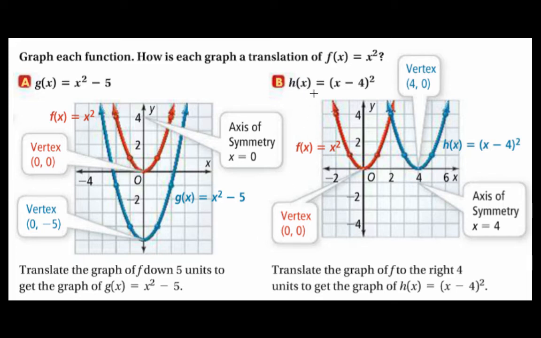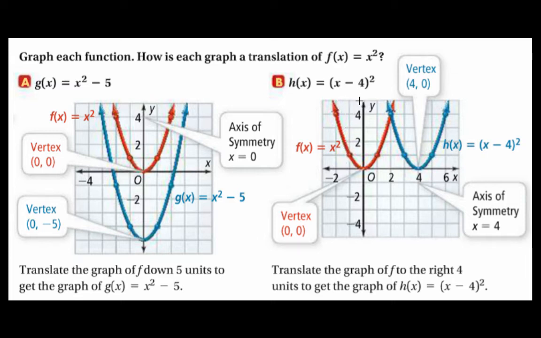All right, in B, h of x equals the quantity x minus 4 squared. Well, we know that if I add or subtract a value within the function itself involving x, then that's going to be a horizontal translation of some kind. And I know that if I subtract values from x, then I'm going to translate this to the right.